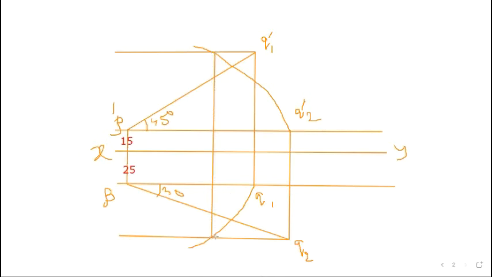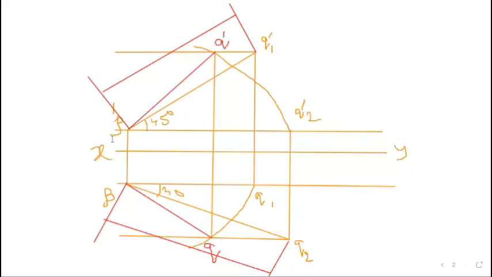So if we draw a line from P to this point and P dash to this point, this is the actual top view and this is the front view. So this will be P dash Q dash and this will be P. So this is the top view and this is the front view.